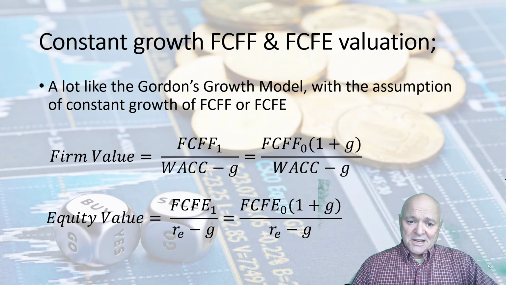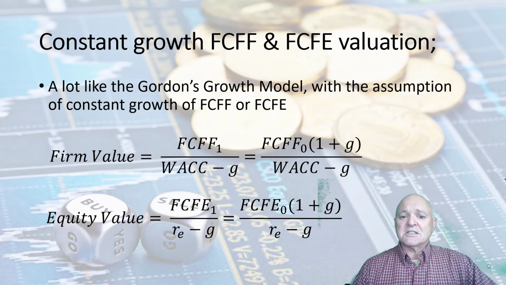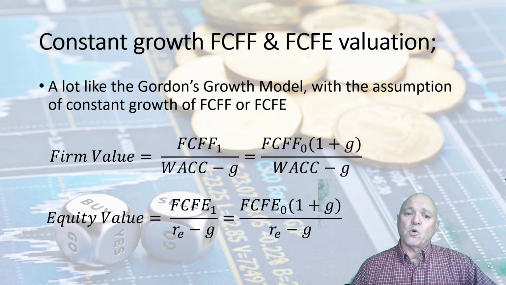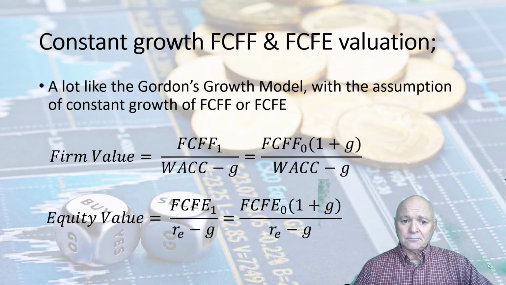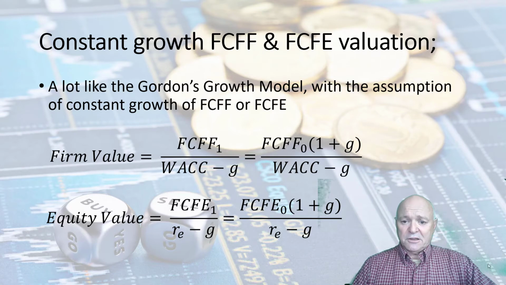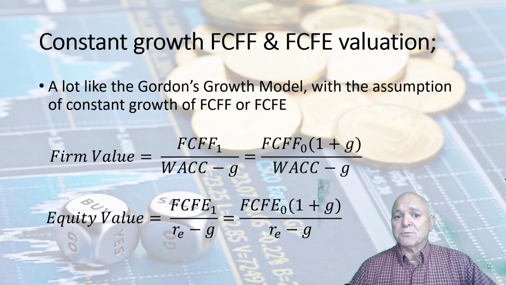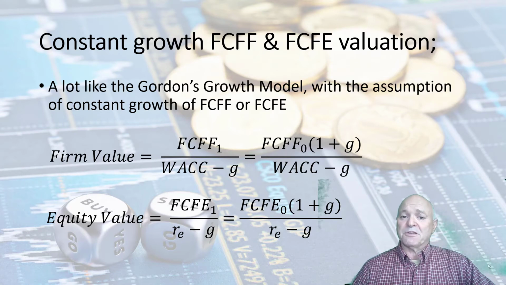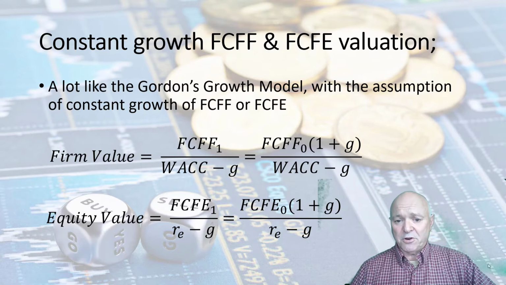So if we're going to use an example of how this would work, this is how we would calculate the value of a growing perpetuity. The free cash flows to the firm, if we're calculating the firm value, are going to be grossed up to include the value of growth. So it'll be the free cash flow at the end of the period, the free cash flow in period 1.